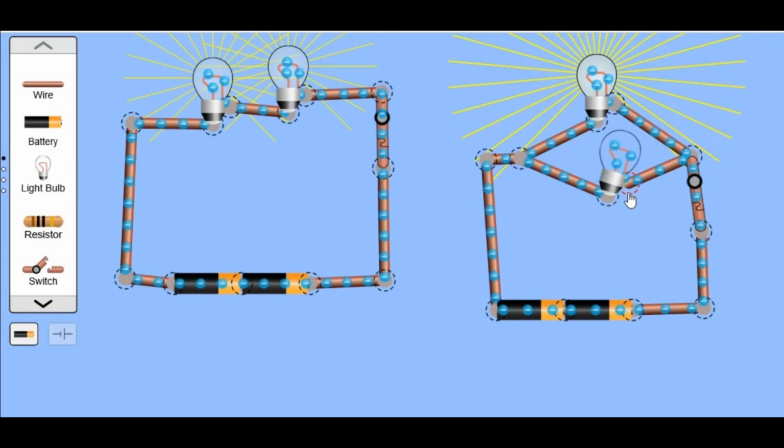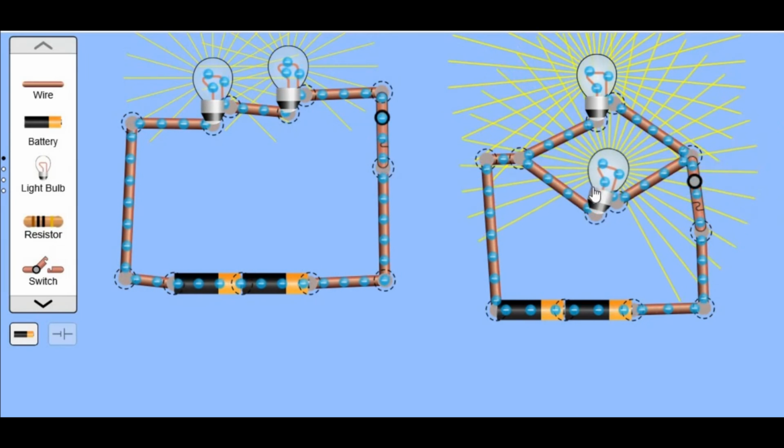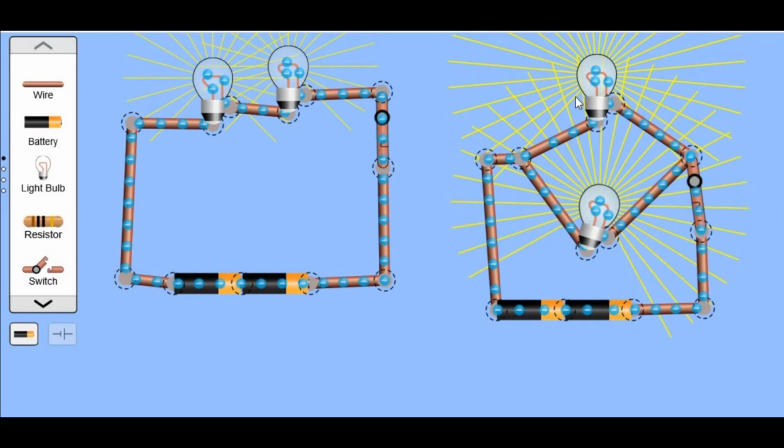If I connect it again, these appliances will still be working. So this is the advantage of using the parallel circuit over the series circuit. So finally we are done with the simulation.